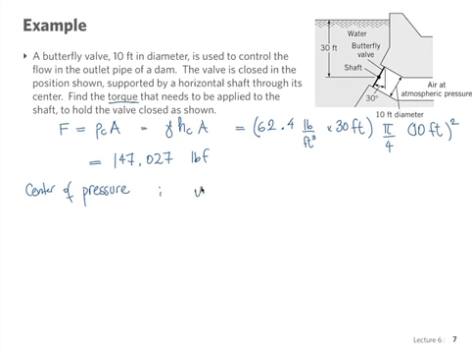So y at the center of pressure minus yc equals the area moment of inertia divided by yc times A. Here's our shortcut number 2 formula. And so that's going to give us the distance below the centroid where the center of pressure is located.